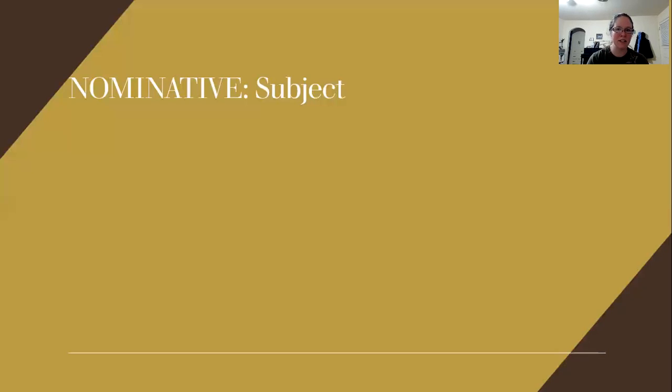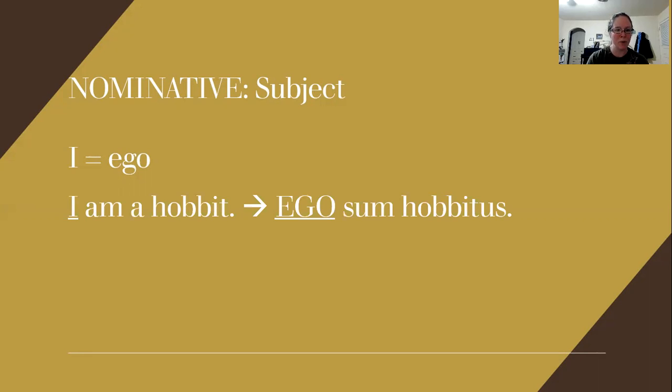All right, let's get into this in more detail. So we're going to focus first on the nominative case. Nominative case is for the subject. I, as the subject, is ego. So an example of that would be, I am a hobbit. Ego sum hobitus. Now, lots of times we wouldn't see ego, we would just say sum hobitus, because the subject is also just in the verb itself, I am, sum.